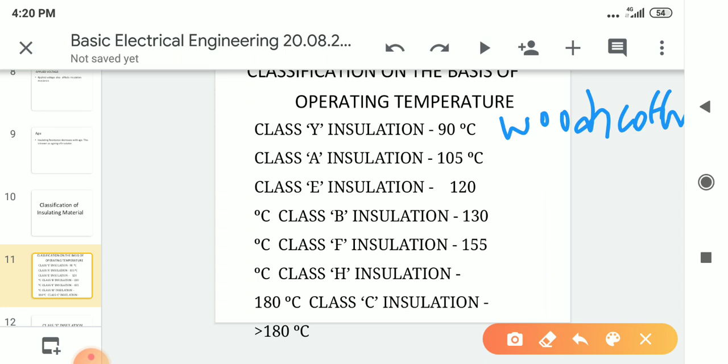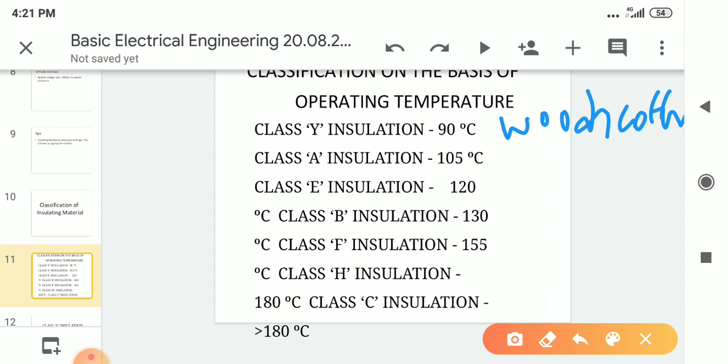After that, class A. This class A maximum working temperature is 105 degrees centigrade. Cotton, silk, impregnated paper, paper immersed in a liquid dielectric such as oils are examples for this class A. Beyond this temperature, the oil may burn and catch fire.